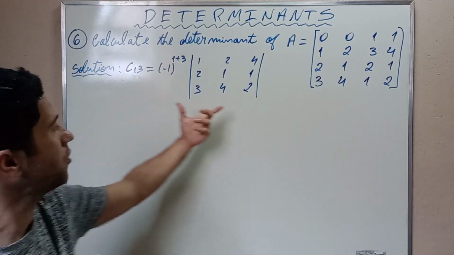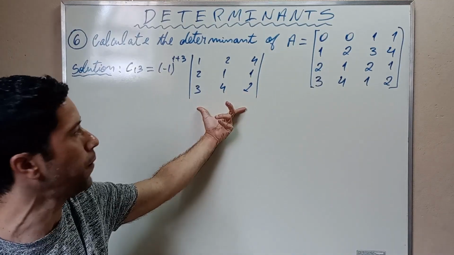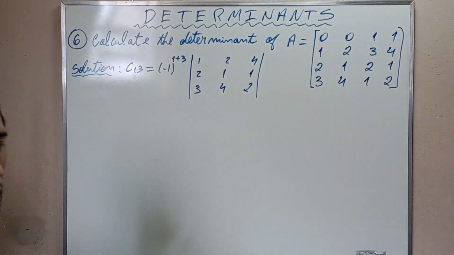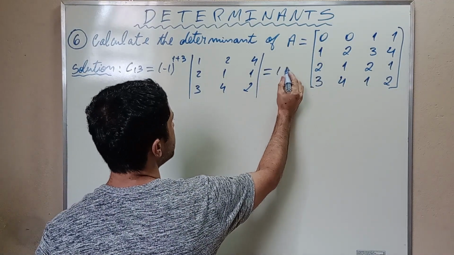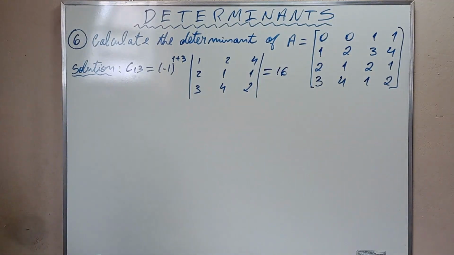Then this cofactor is simply this determinant here, and we have already learned how to calculate this using the rule of Sarrus. Using the rule of Sarrus, we find that this determinant is equal to 16, okay? You can try yourself in your house and check.